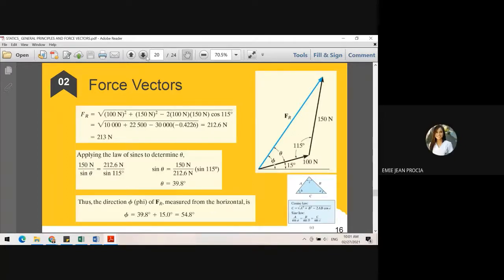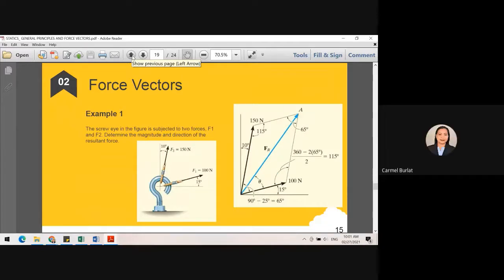Ma'am, yes? Tanong lang ko if kanang sa 65 degrees, ma'am, why 90 degrees minus 25? This one? 90 minus 25 degrees? Yes, ma'am. It's a parallelogram.